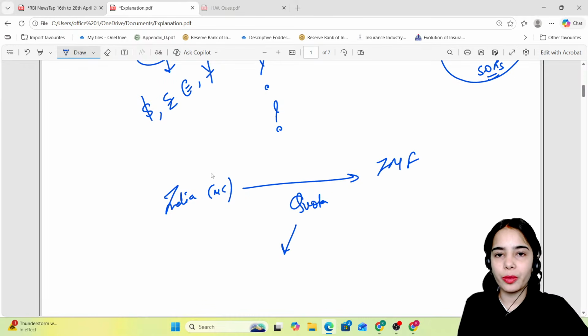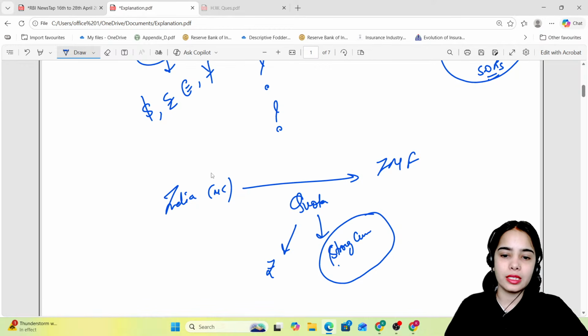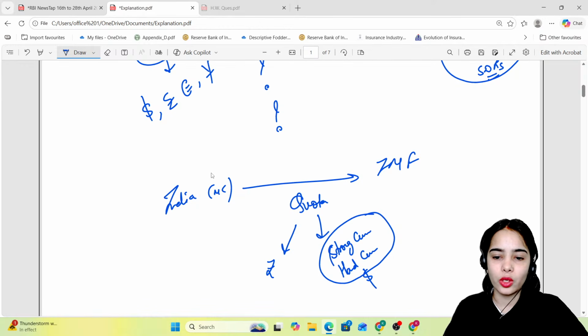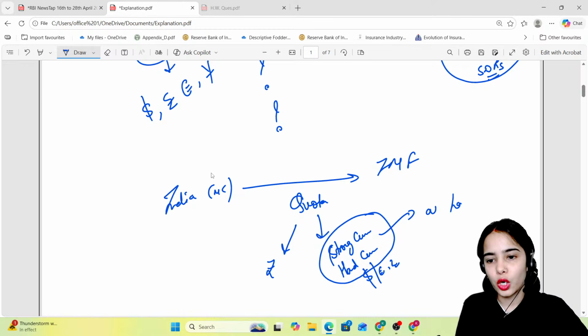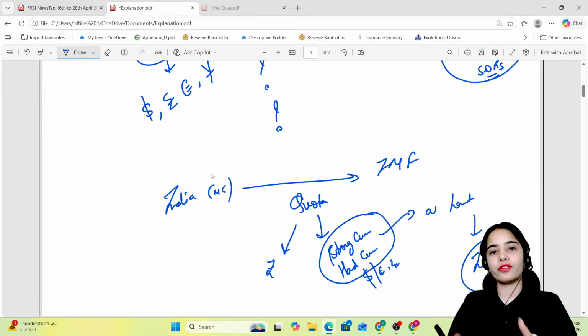A part of the quota we provide in rupees, and another part in foreign, strong, stable currencies, also known as hard currencies, like the dollars, euro, pound sterling, and such. A part of the quota provided in strong currencies is reserved for India only, so that it can be used when there is a requirement. This is known as the reserve tranche position.